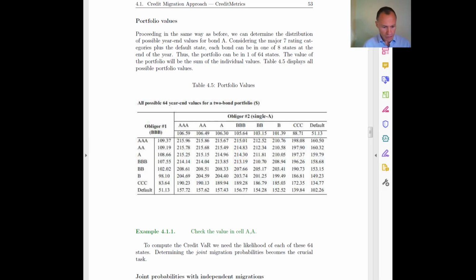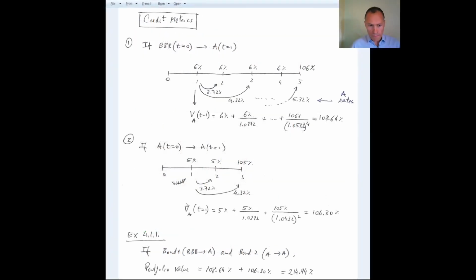Let me show you an image. So the first bond we already did. It's this one here. We got this value before. Now the second bond, the scenario is that it remains A, so it's A now and it will be A 1 year from now, meaning that the value that it will have at the end of the year is just the present value of the cash flows, 105, at the forward rates for the A rating, which are the same as we used before in the previous example.